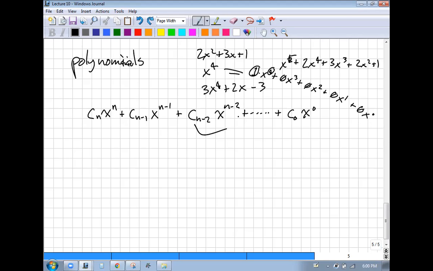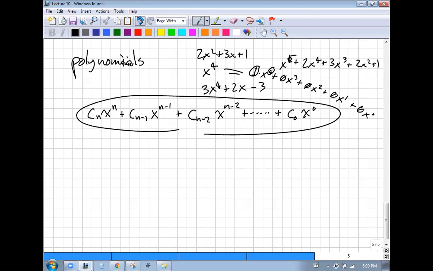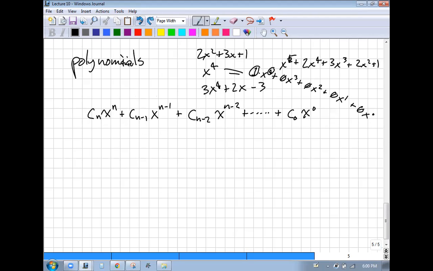All the other c's are 0 for this example, all right? So this is generically how we'd write the form of any polynomial. It's a constant times x to a power plus a constant times x to the next lowest power plus a constant times x to the next lowest power until you run out of x's, right? This is how we generically say things.